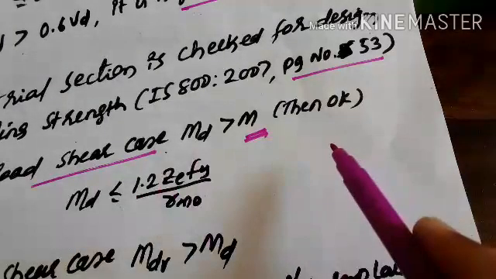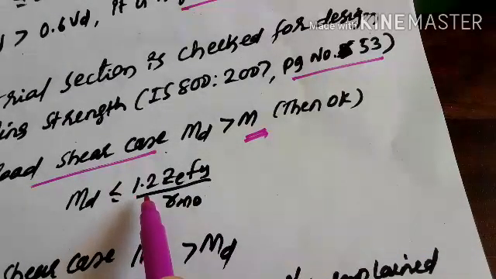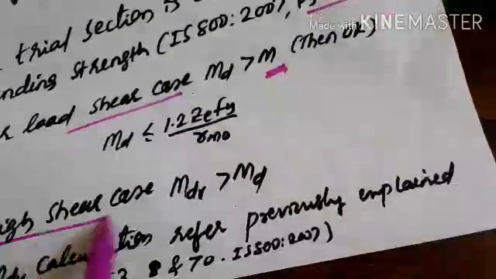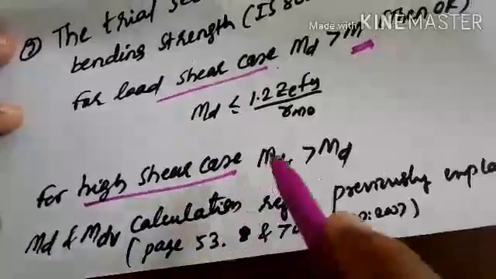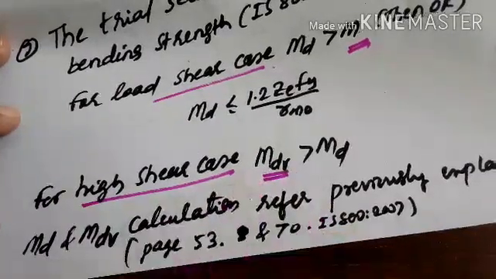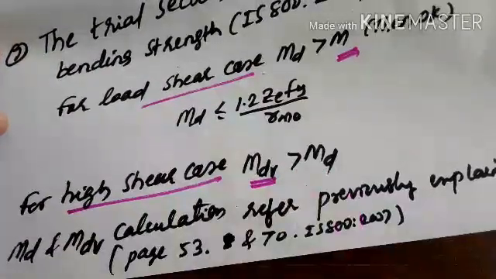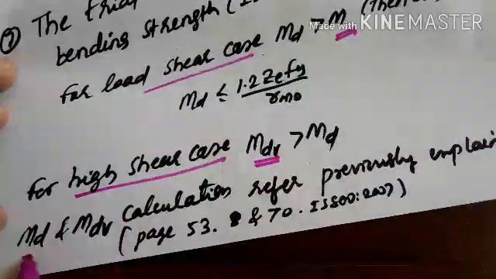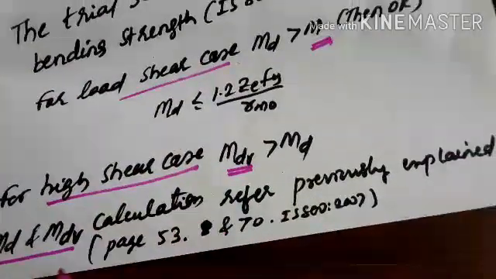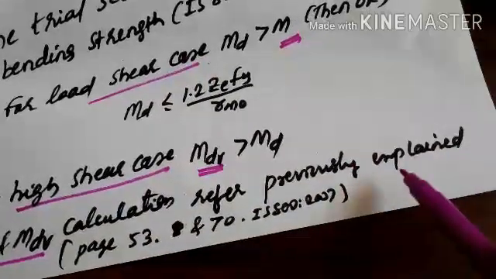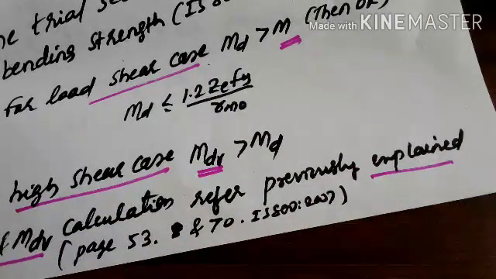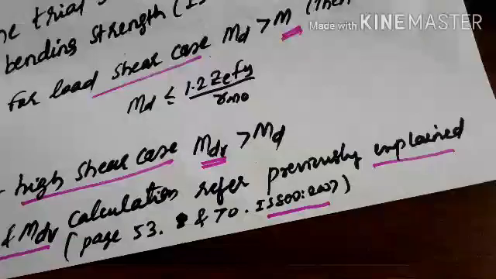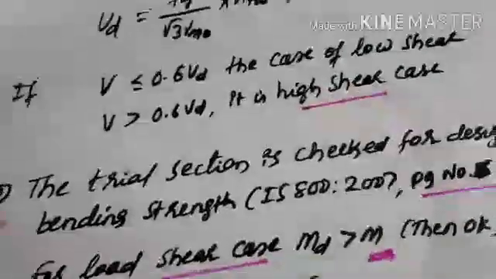If a cantilever beam is given, it should be less than or equal to 1.5 times Ze into fy divided by gamma m0. For the high shear case, this design bending strength should be more than M. For Md and Mdv calculation, you have to refer to what was previously explained regarding Mdv, or you can refer to page numbers 53 and 70 of IS 800 2007.